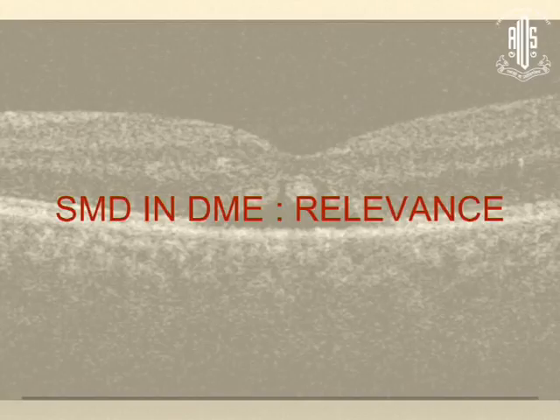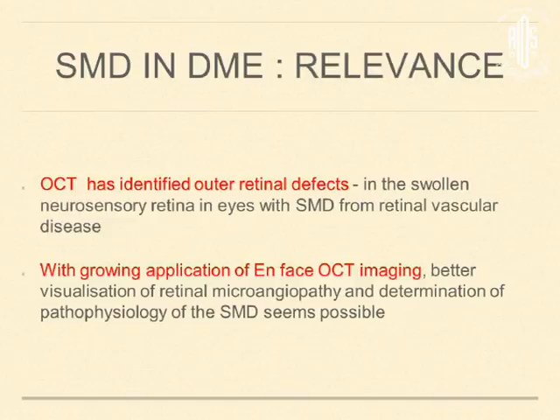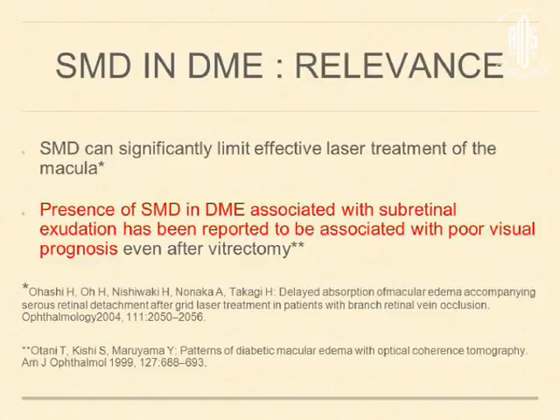So I am concluding. So the relevance of serous macular detachment. The OCT has recently identified outer retinal defects in the serous macular detachment responsible for the SMD. With growing application of en-face OCT, we will be better able to see the retinal microangiopathy and determine the pathophysiology more in SMD.